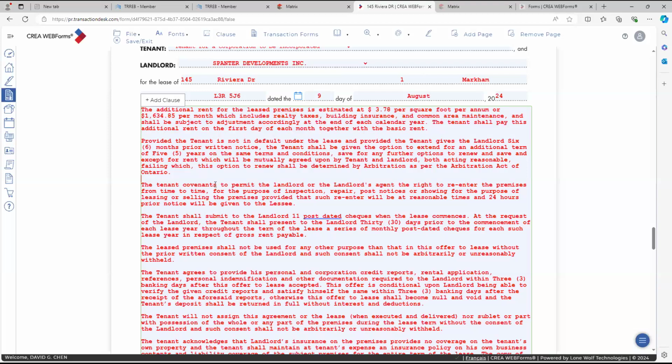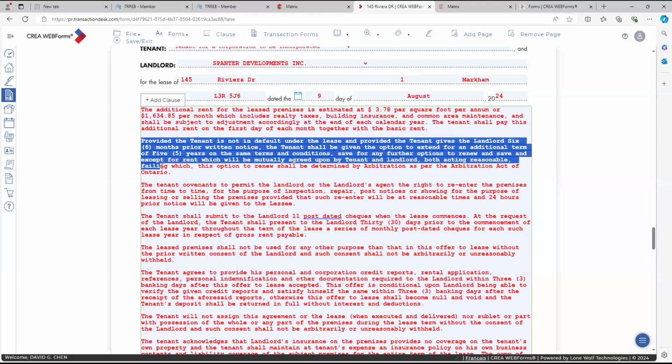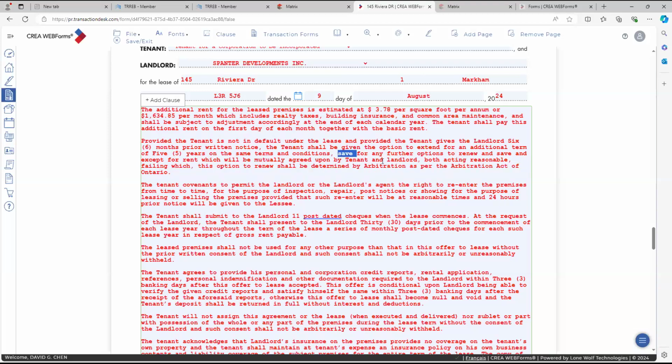Okay, number two is we already mentioned the option to renew. We mention it here again. Many people ask, "David, after 5 years, what will the rental payment be?" Based on what we wrote here, after the option to renew, you just tell the landlord it will be based on the market rent.